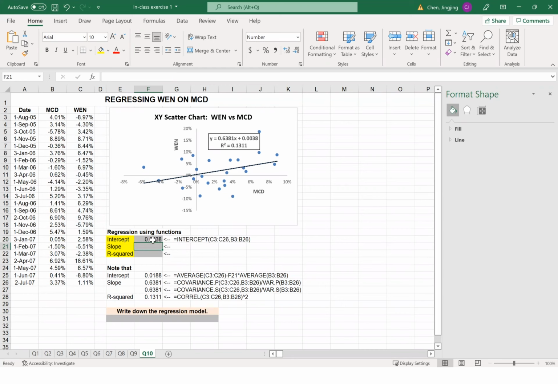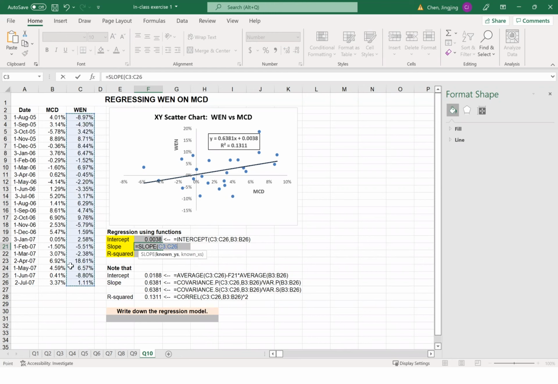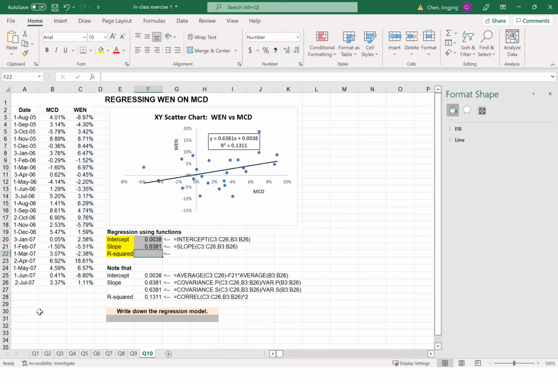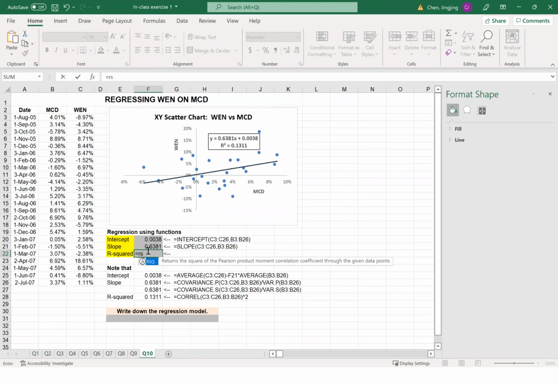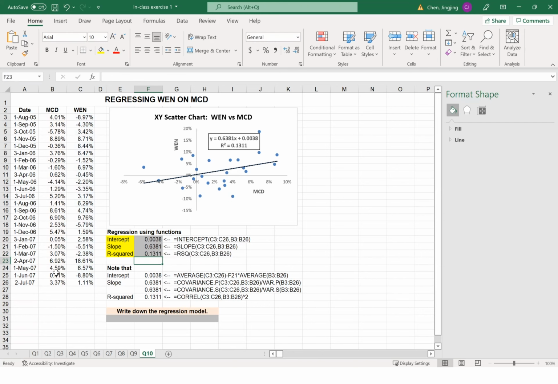So same here for the slope. Okay, and now I want you to write down the regression model.